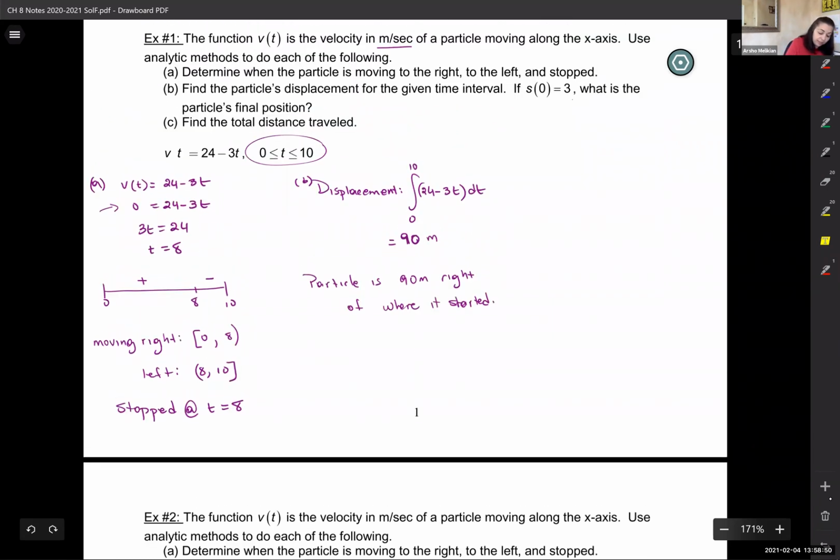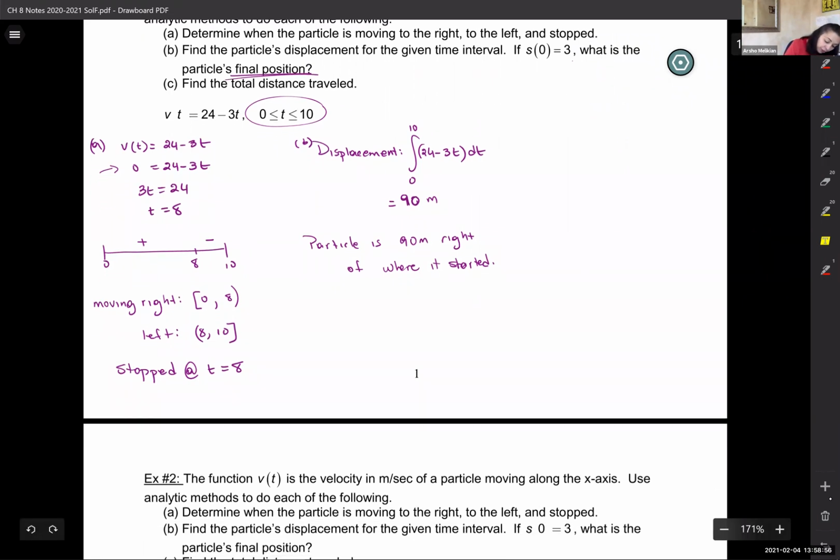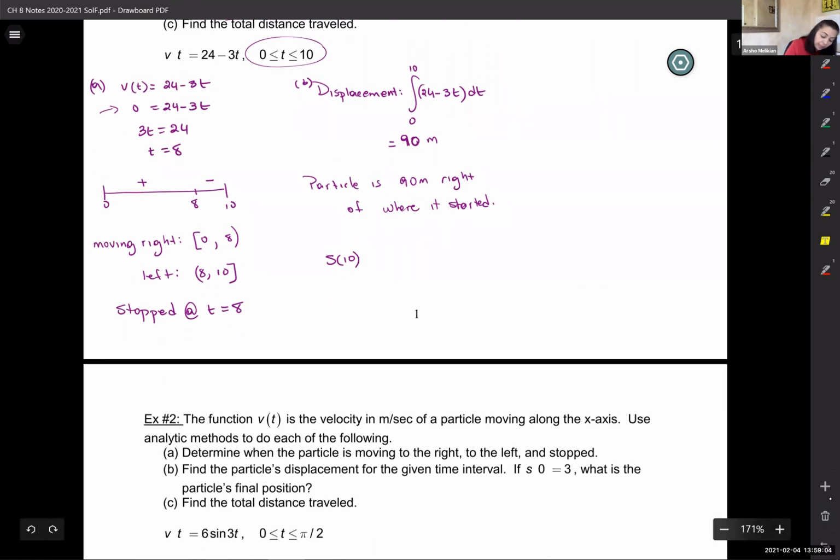Next, I'm asked to find final position. Well, final position, that means the position at 10. So that's S of 10. And that notation is important. Is equal to S of 0, right, initial position, plus the integral from 0 to 10, 24 minus 3t dt.